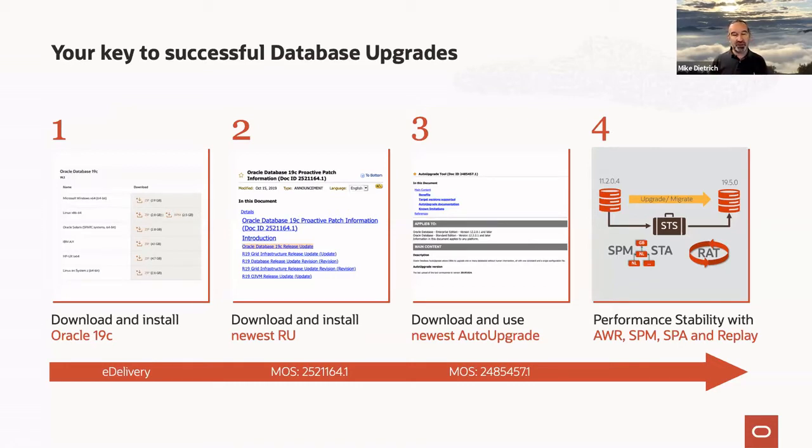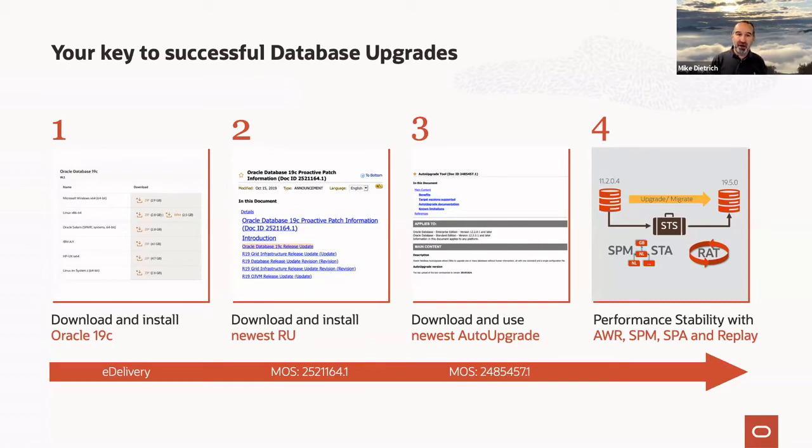So you take 19.3.0 from eDelivery or from the Oracle.com webpage, and then you download the most recent release update. That is right now 19.8, but next Tuesday it will be 19.9 because 20th of October is the next patch day. So then you have 19.3 and 19.8 or 19.9.